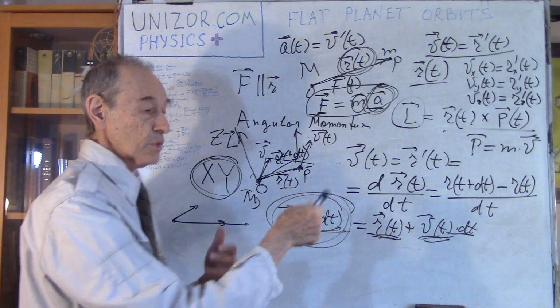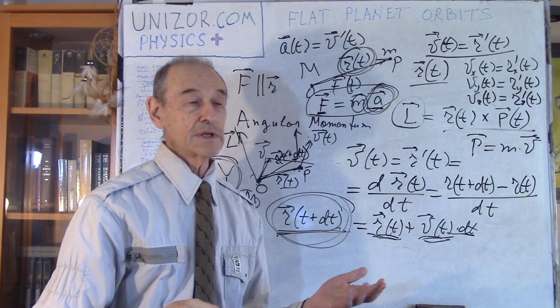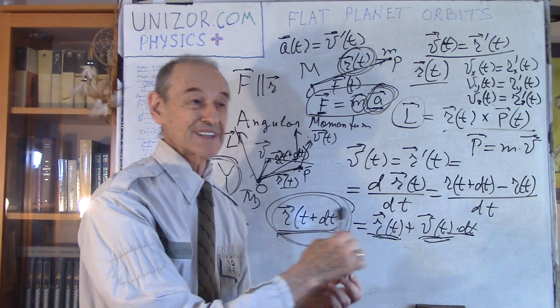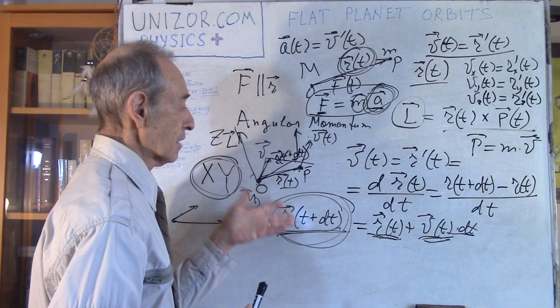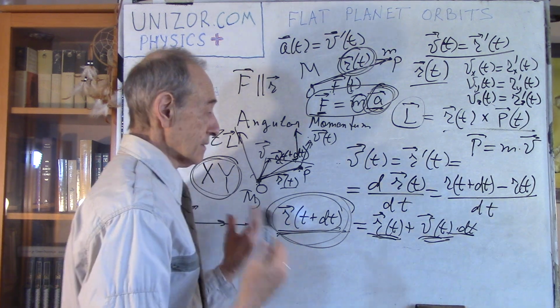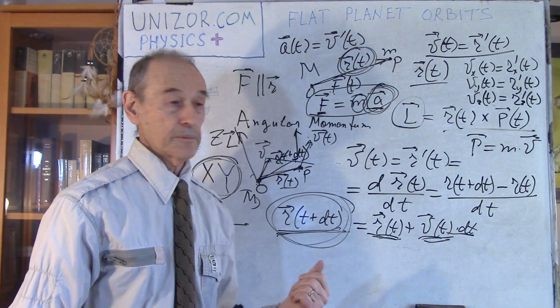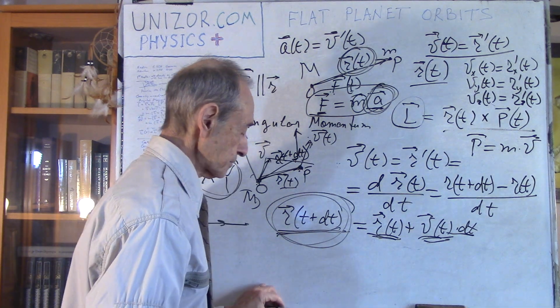And obviously the whole trajectory is basically an infinite combination of infinitesimally small increments, every one of them within the same plane, so the whole trajectory is in the same plane. And that was the purpose of all these logical derivations.